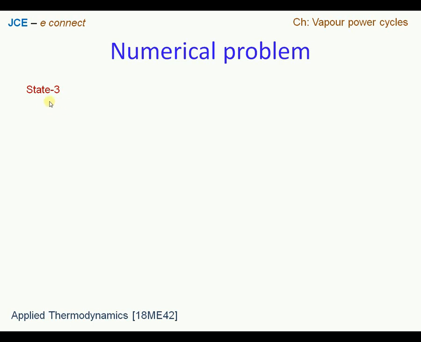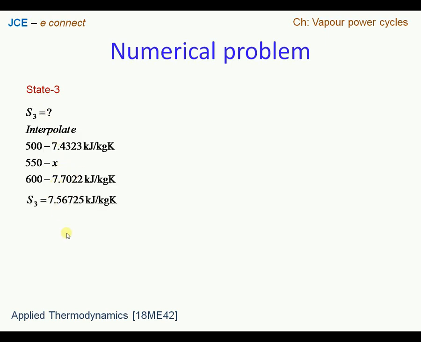Straightforward the value is not available. Therefore we are going to interpolate for the entropy, and then we arrive at entropy at state point 3 as 7.56725 kilojoule per kg Kelvin. So now we are done with finding out the enthalpy and entropy at state point 3.